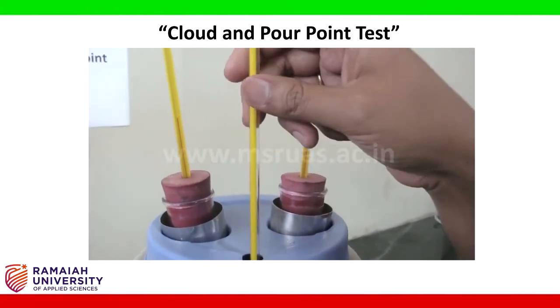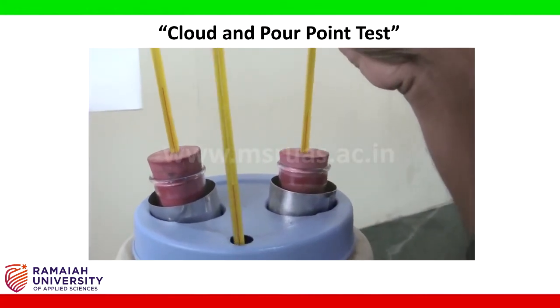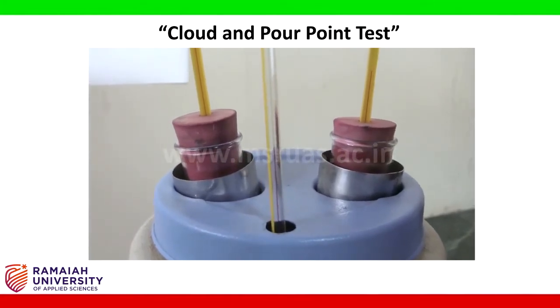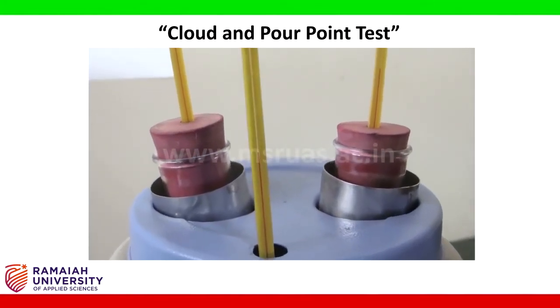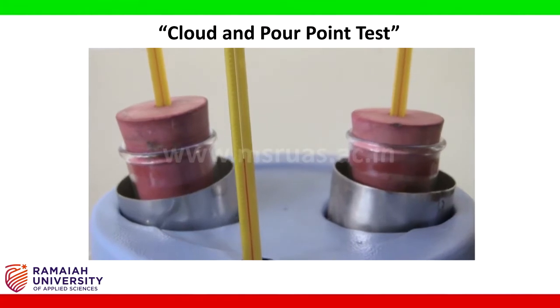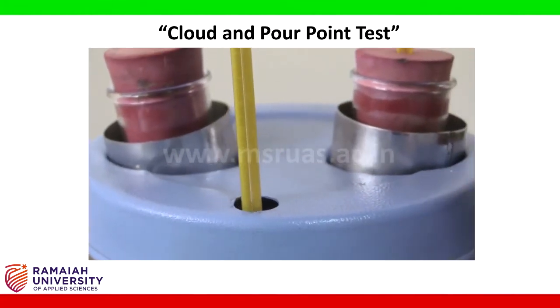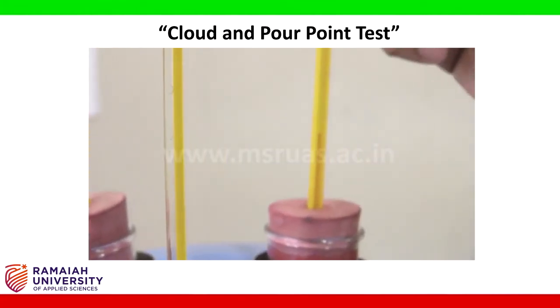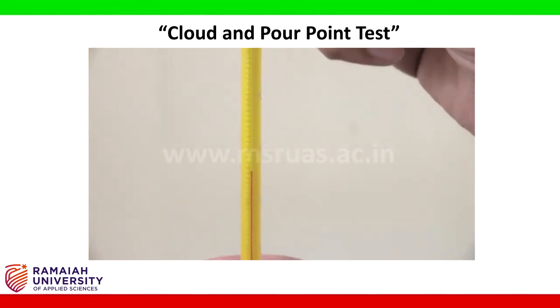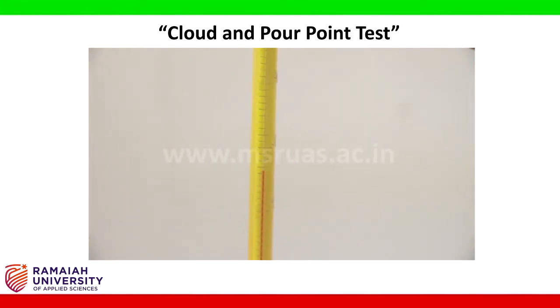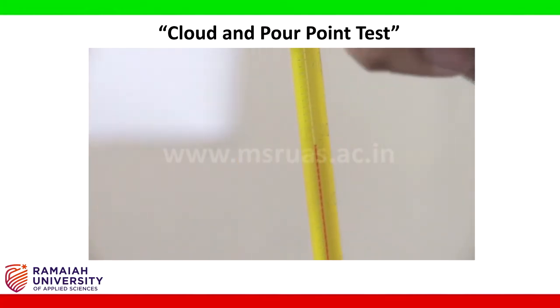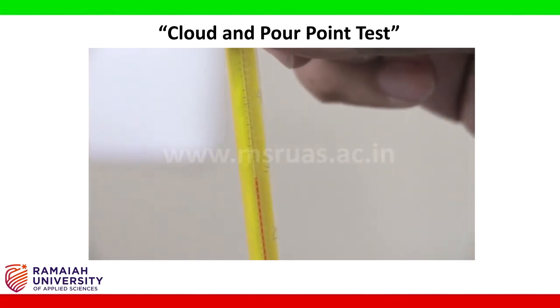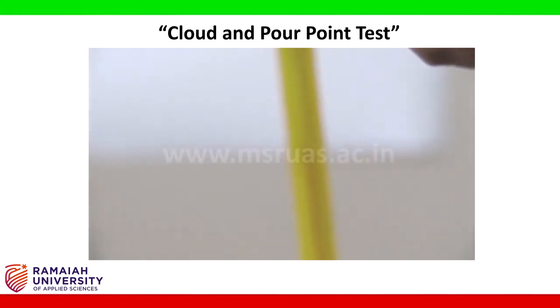The ice bath temperature is around 0 degrees centigrade, close to 0, and SAE engine oil is around 26 degrees centigrade, and coconut oil is around 29 degrees centigrade.